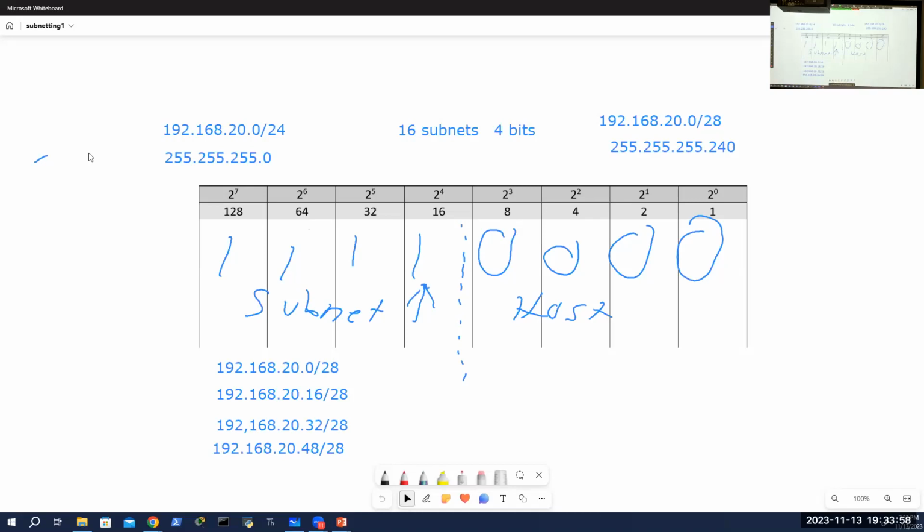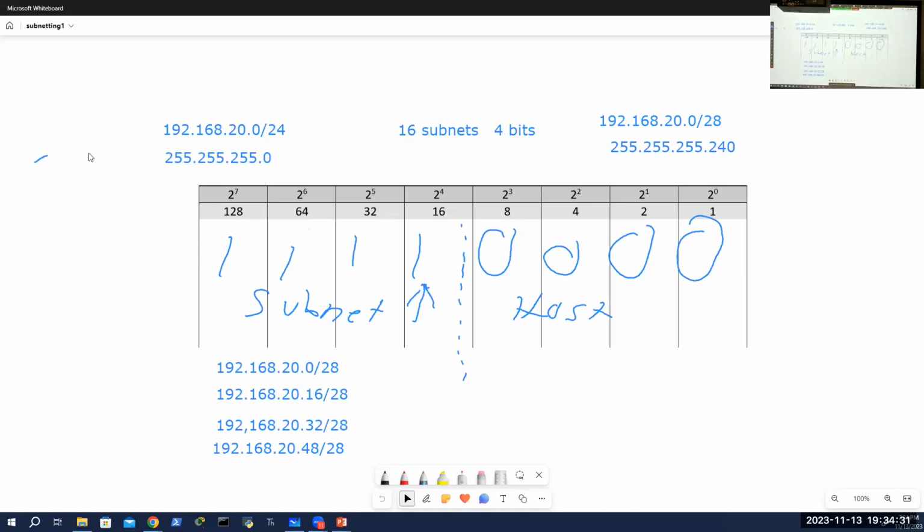And I know that I'm done when the last subnet that I put down is the same as the last non-zero octet of the subnet mask. So 240 is the last one. And of course, the other way to look at it is, if I kept going, what's my next number after 240? 256, which isn't a valid value for an octet.